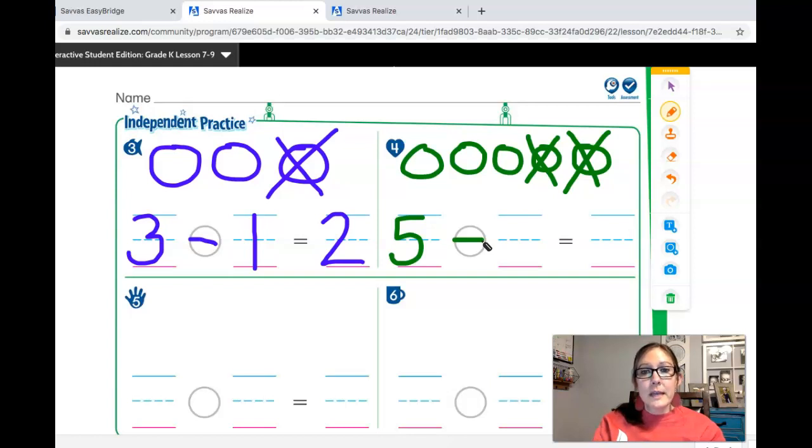How many turtles did we take away? 1, 2. That 2 represents the 2 turtles that swam away. Equals, how many turtles are left? 1, 2, 3. 5 turtles minus 2 turtles equals 3 turtles left.